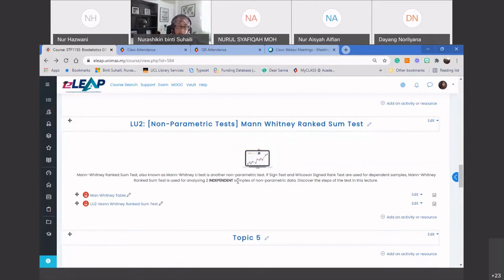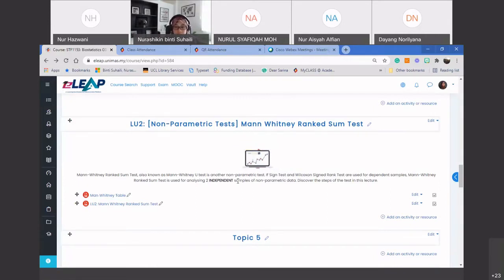So how do we analyze them? We use all these non-parametric tests. In order for you to know which non-parametric test is suitable, you have to understand every test first. So that's why we teach you different tests under LU2, under non-parametric tests. Okay, so the third test is the Mann-Whitney rank sum test.